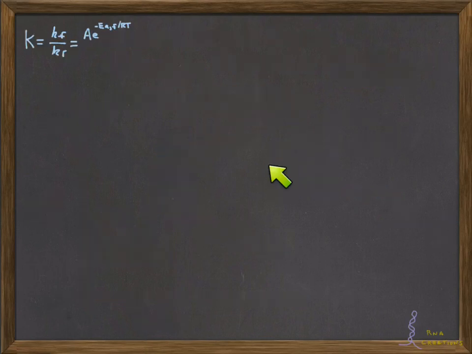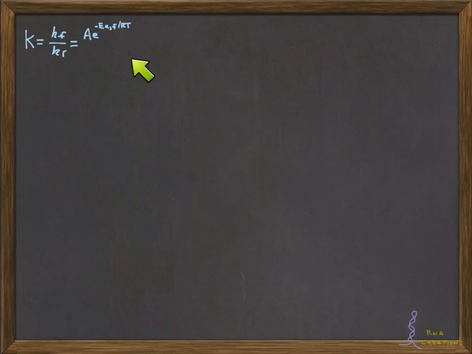And on this slide, I've gone ahead and written down the equilibrium constant. As we showed in class, it's the ratio of the rate constants for the forward and reverse reactions. And so we can then write that down.